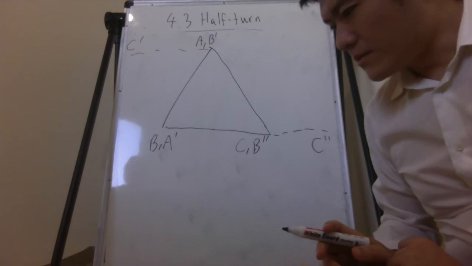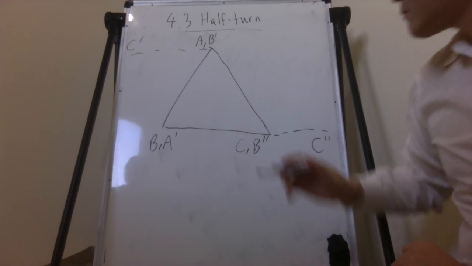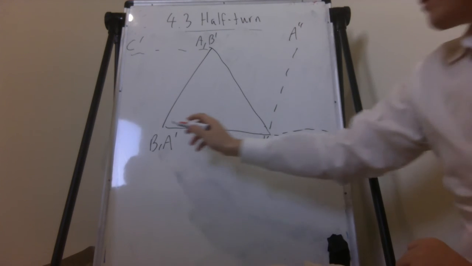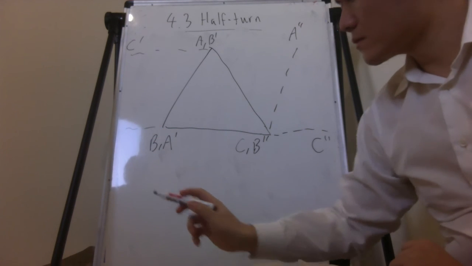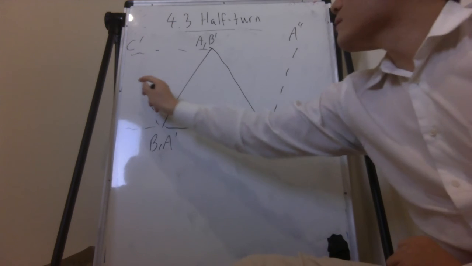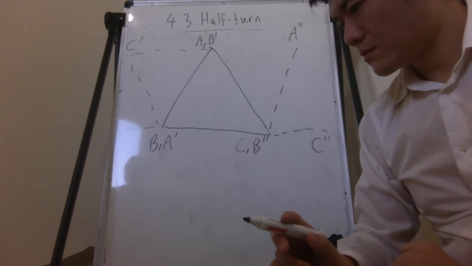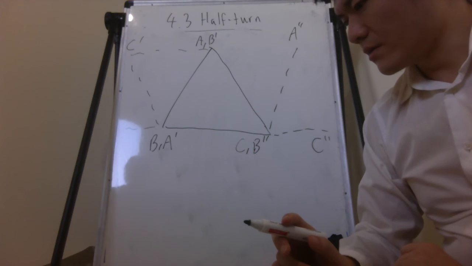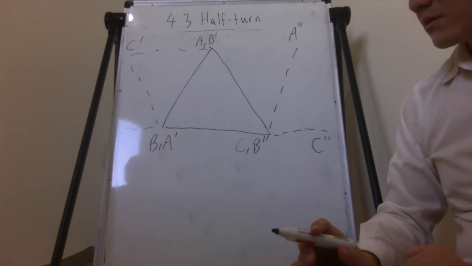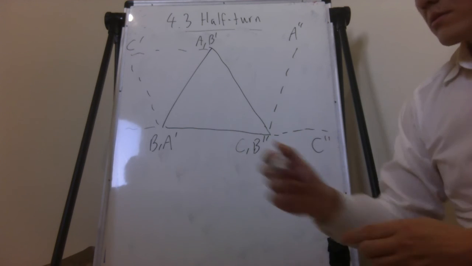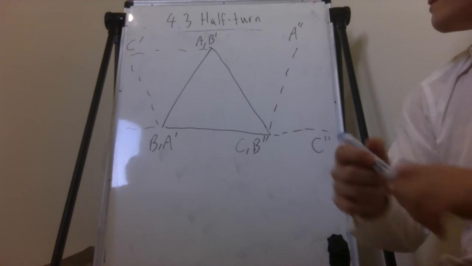C double prime. A double prime. Oh, there's nothing there. Something about N and M. I'm going to draw that in another color.